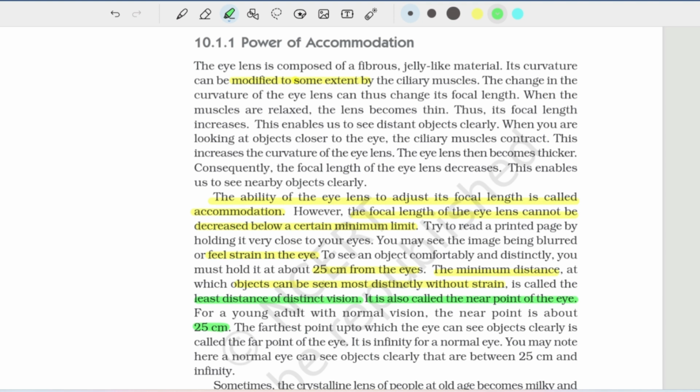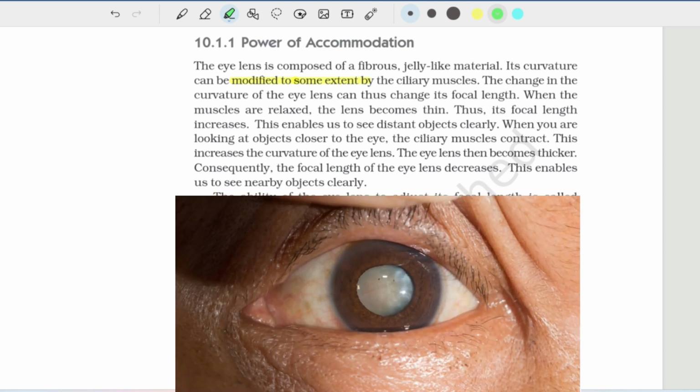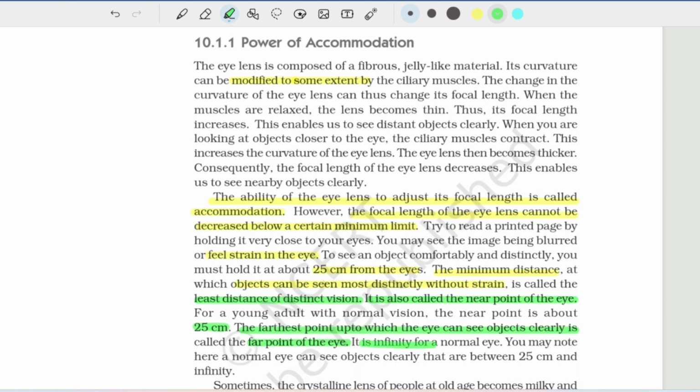That's why we say that the farthest point up to which the eye can see an object clearly is called the far point of the eye. It is infinity for the normal eye. If it is a defective eye, then we are not able to see the far points clearly. You may note that a normal eye can see objects clearly that are between 25 centimeter and infinity.